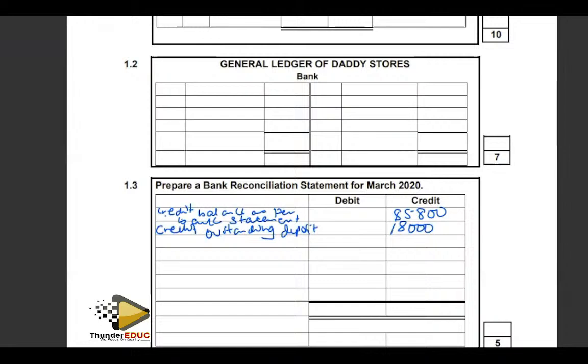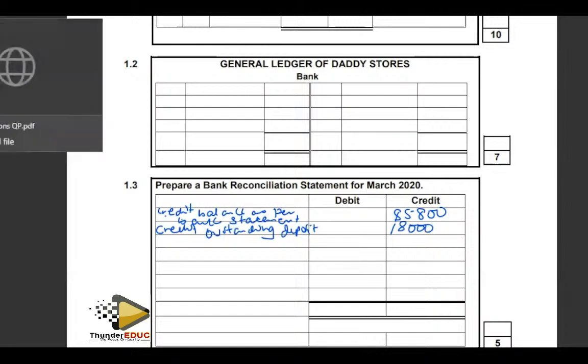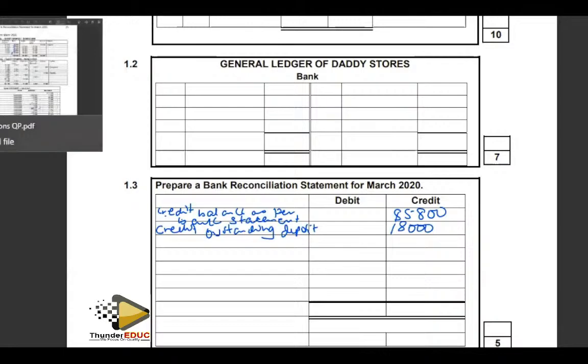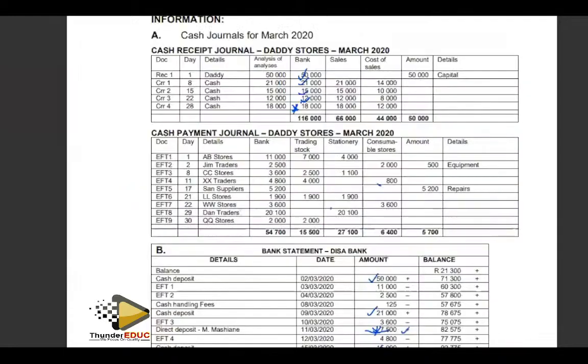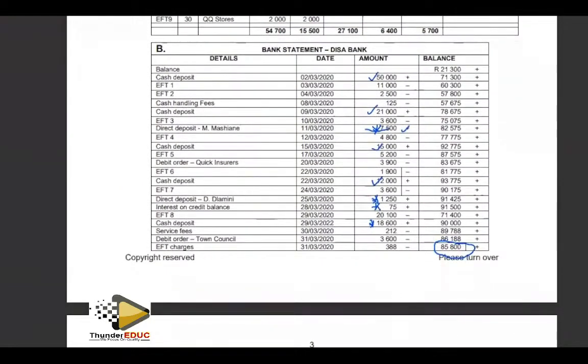Now we have to look for an amount they talked about. You see this amount, 18,600? By the way, I never ticked off this; we finished it. Even this one, we finished it. We don't need to do that, but there is this one, 18,600, we have to deal with it.